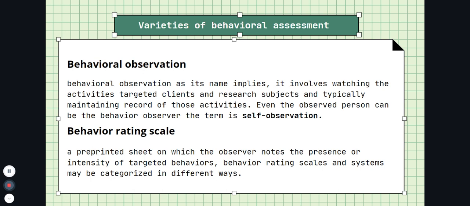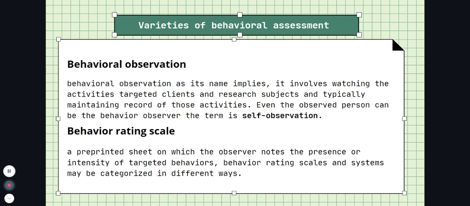And even the observed person can be the behavior observer, although in such cases, the term self-observation is more appropriate than behavioral observation. Like what I said a while ago, if you are the client and you are making your own diary, observing merely yourself, that would be called self-observation.